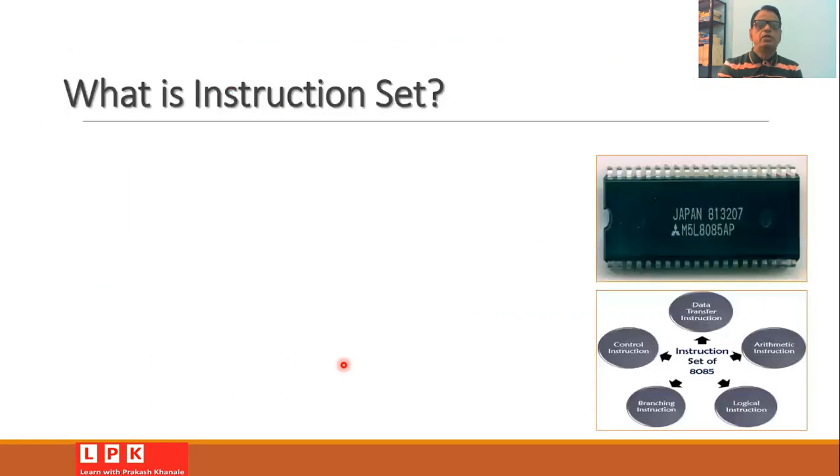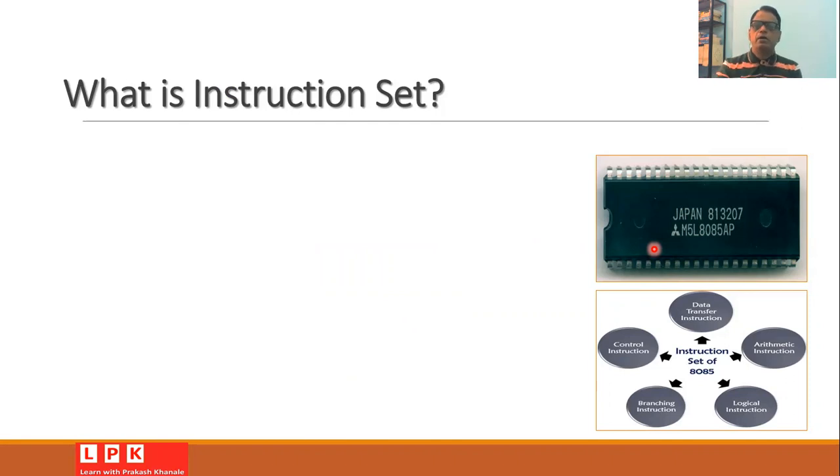So let us start the session with the question: what do we mean by instruction set? Whenever we have been provided with a microprocessor, it is possible that with the help of the microprocessor, you can design a microprocessor based system.